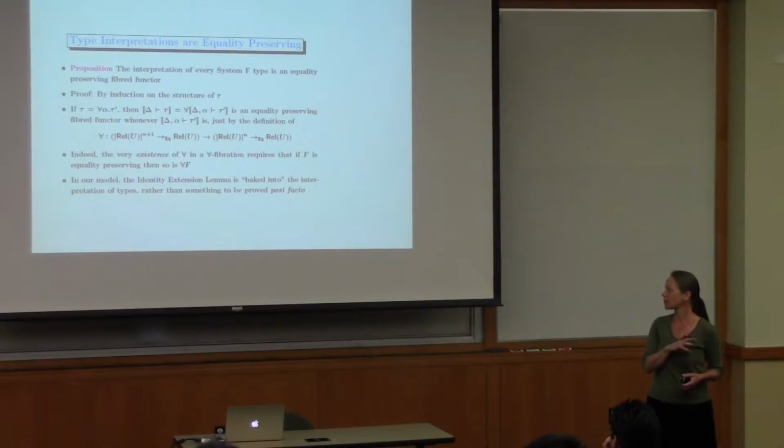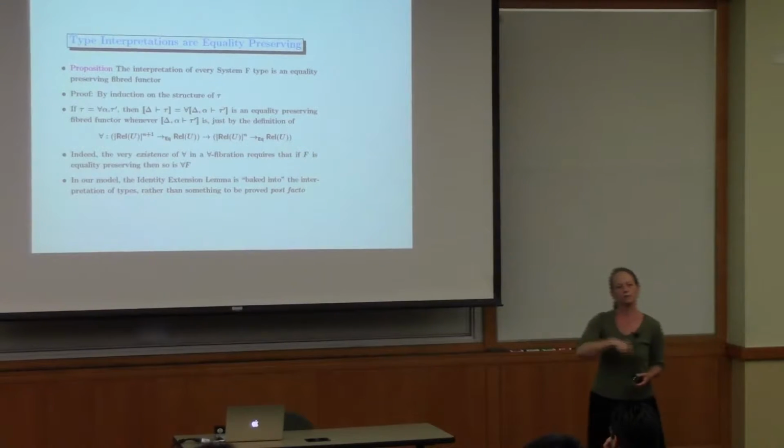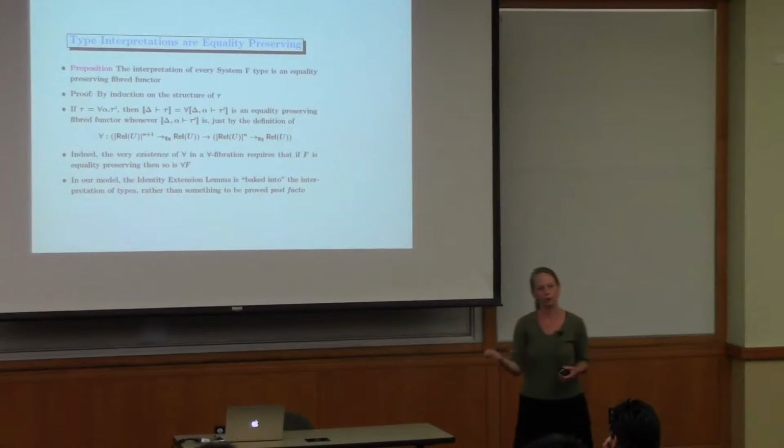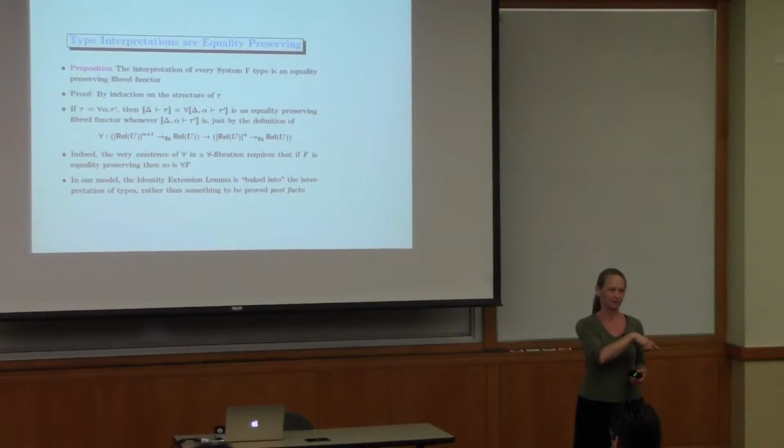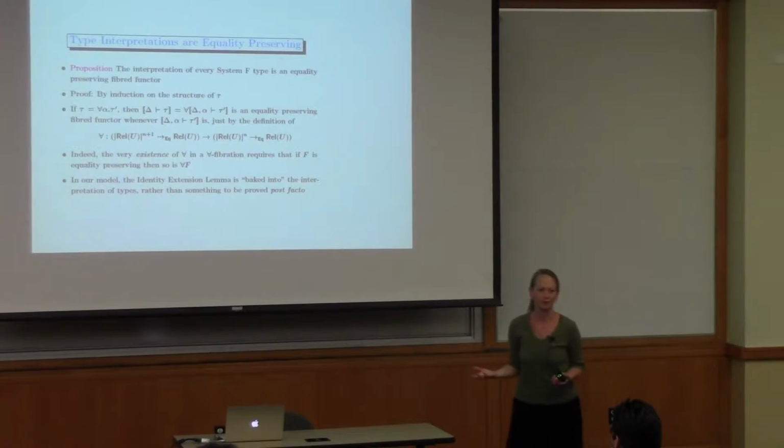And then afterward, we had to go through and say, okay, now do we have this identity extension property? But here, we front load the work. We have to know up front that we have an equality-preserving aerofibration that's also a for-all fibration. So you have to do the work when you construct the model, not when you're interpreting the terms and the types. That's a difference between the two. You have to do the work somewhere. It's just a question of where.